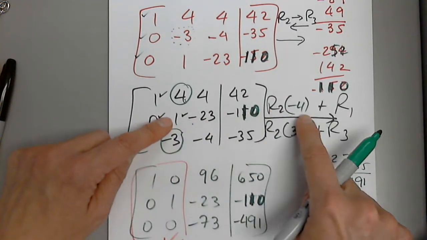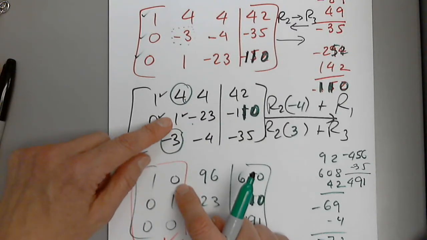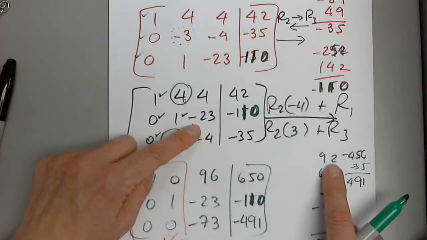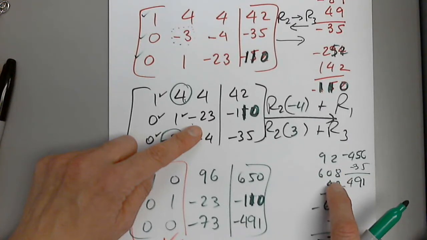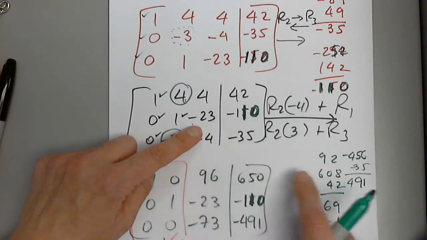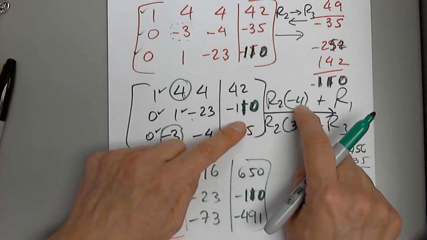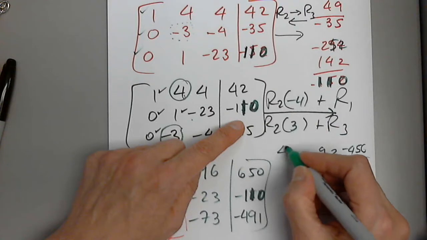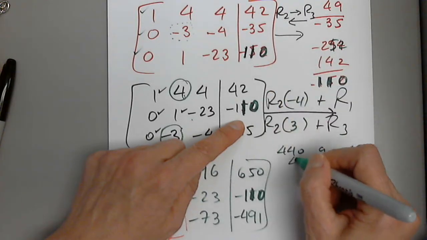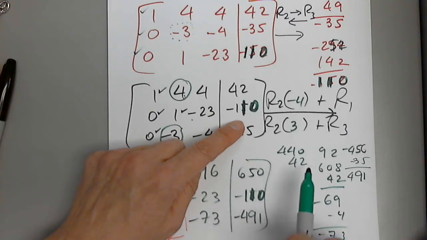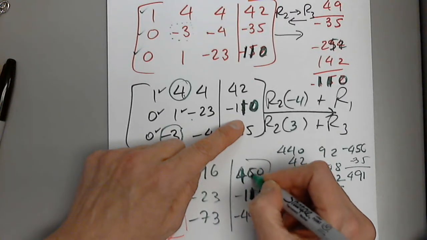So 1 times -4 plus 4 is 0. -23 times -4, I got positive 92. Please check my numbers. Plus 4 is 96. Now -4 times -110 is 440, plus 42, I got 482, correct?